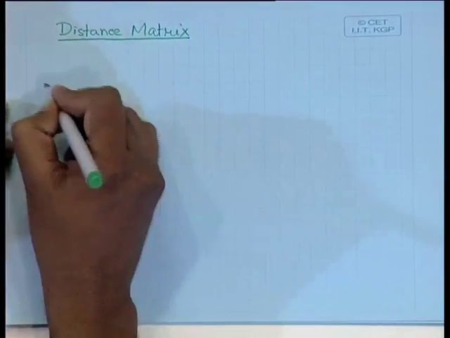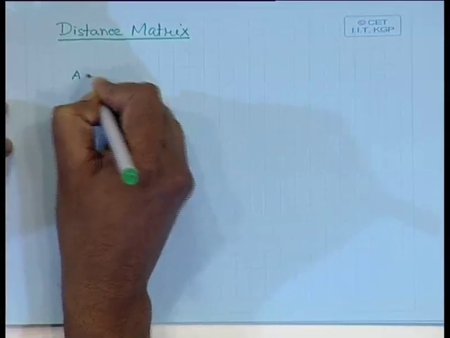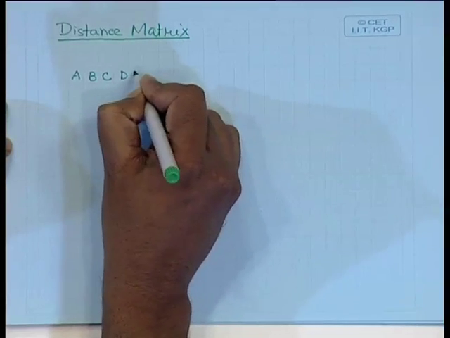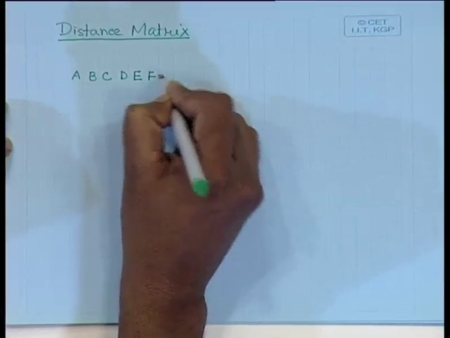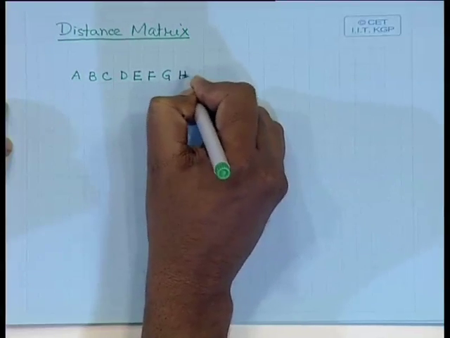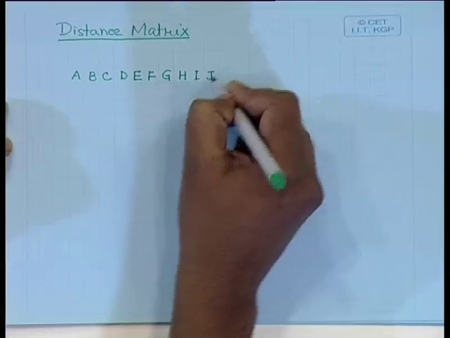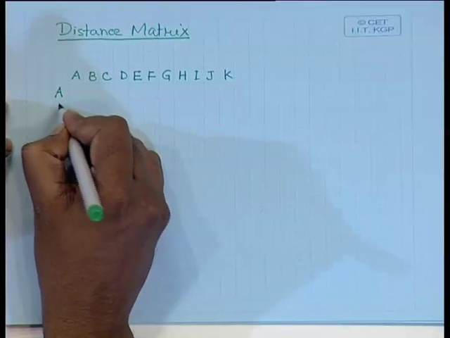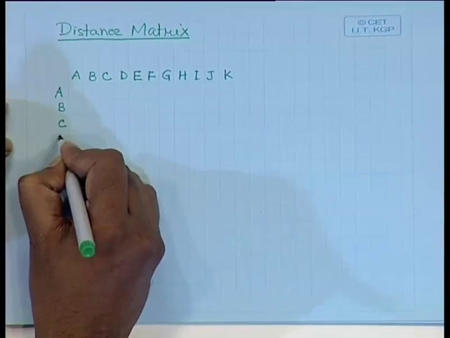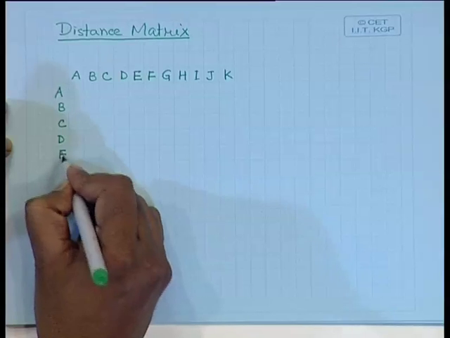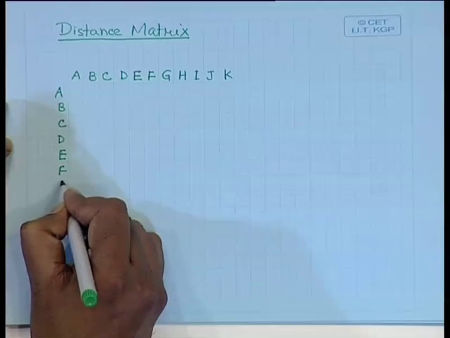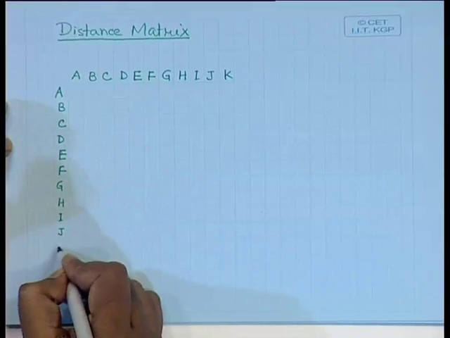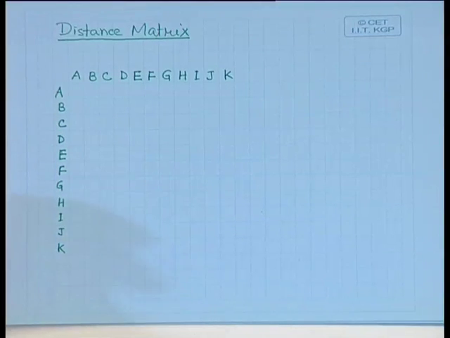So, I have feature vectors A, B, C, D, E, F, G, H, I, J, K. Similarly, on the column also I write A, B, C, D, E, F, G, H, I, J, and K. Okay.